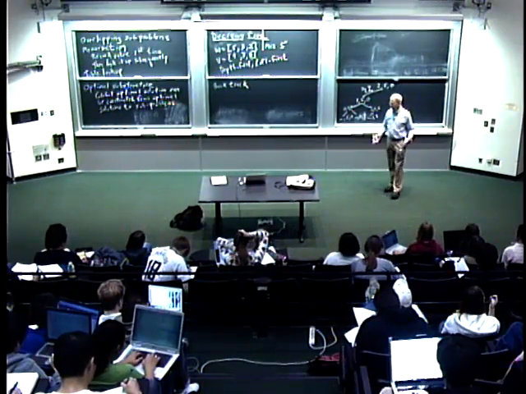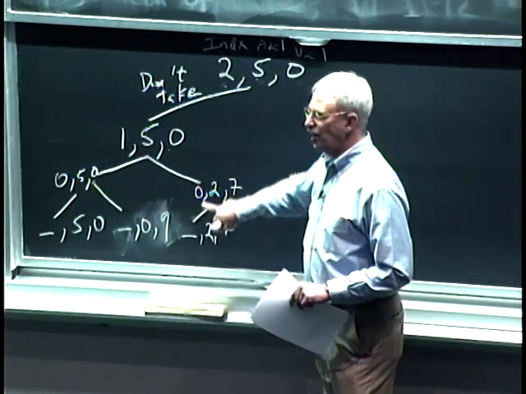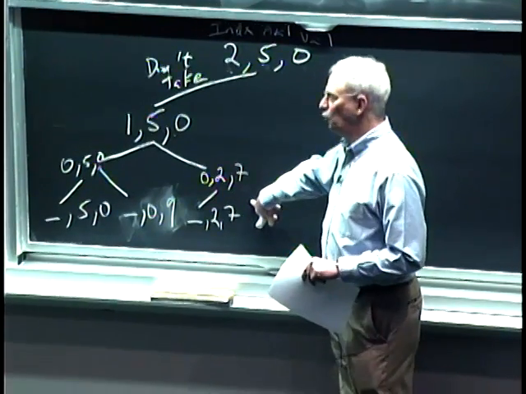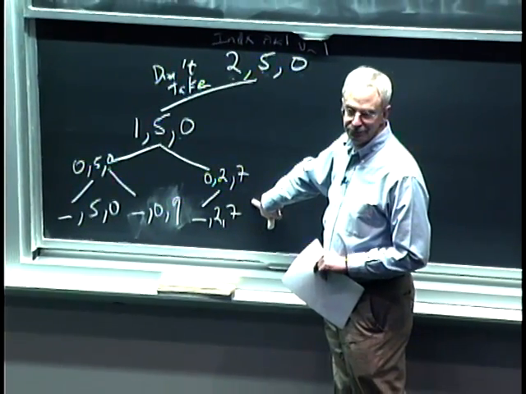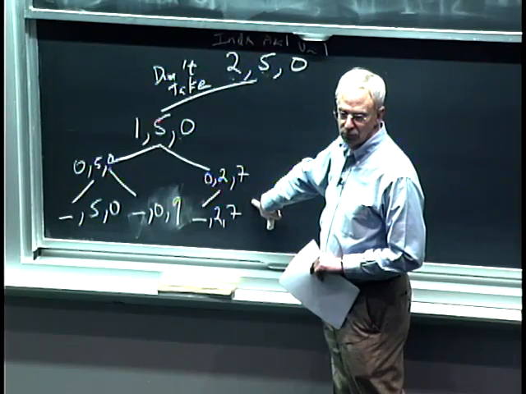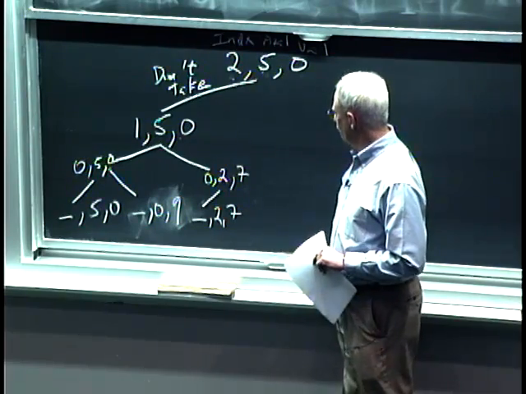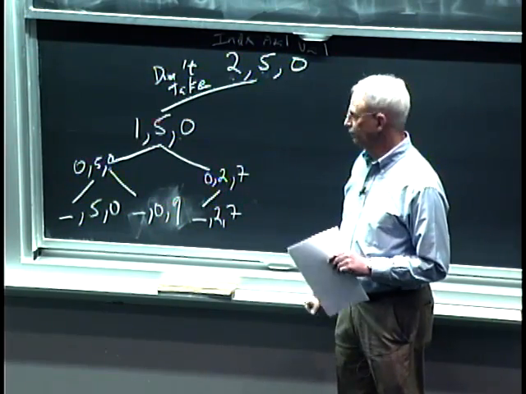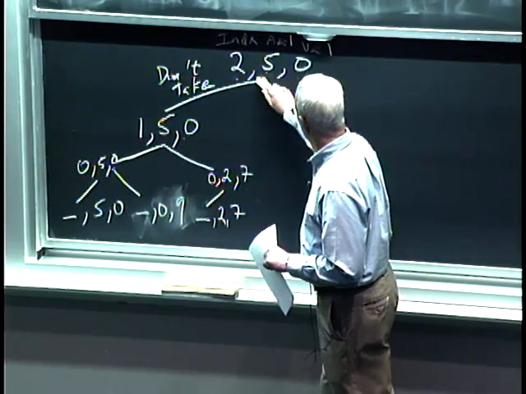Well, we can't, right? Because it would weigh 5 pounds. I only have 2 left. So there is no right branch to this one. So I'm making whatever decisions I can make along the way.